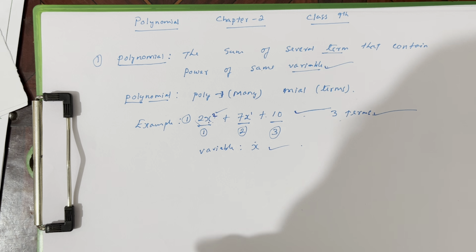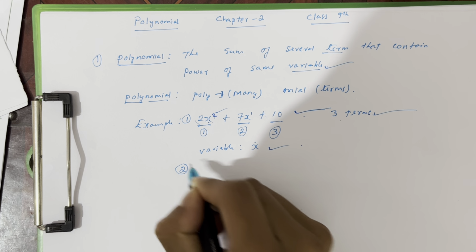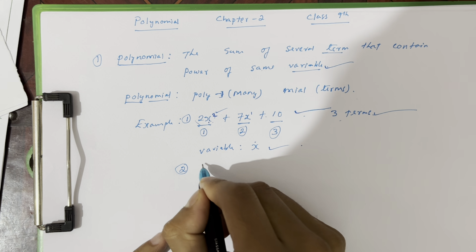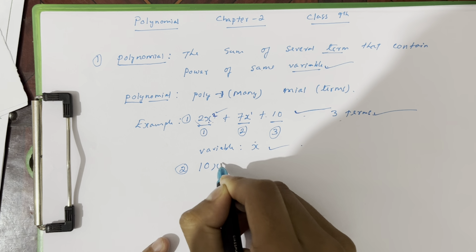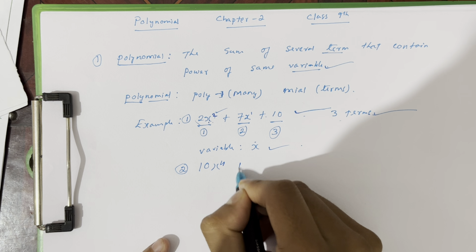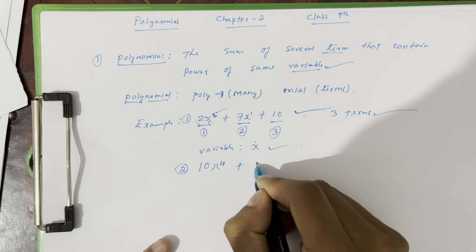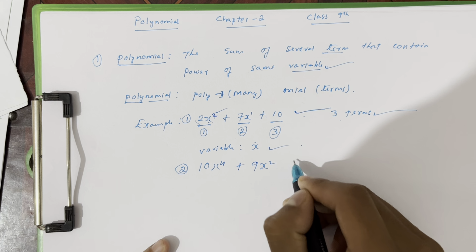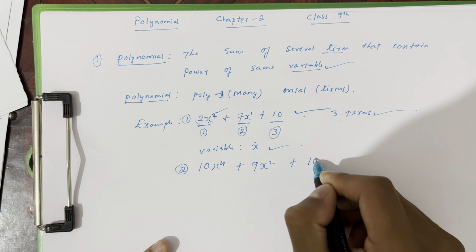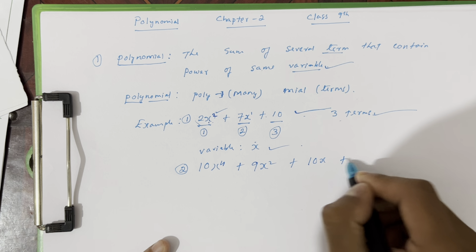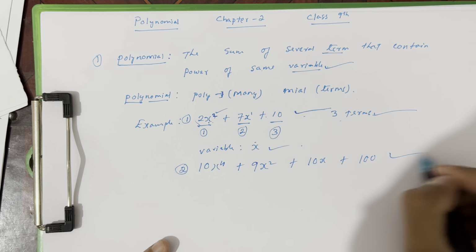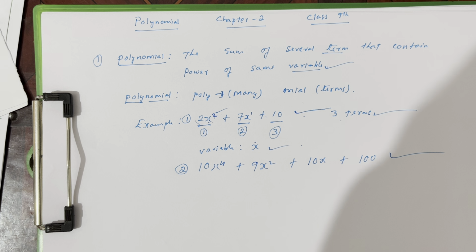Okay, then another example, let me give you. 10x4 and then plus 9x square plus 10x plus 100. This is also a polynomial. Okay, understand?